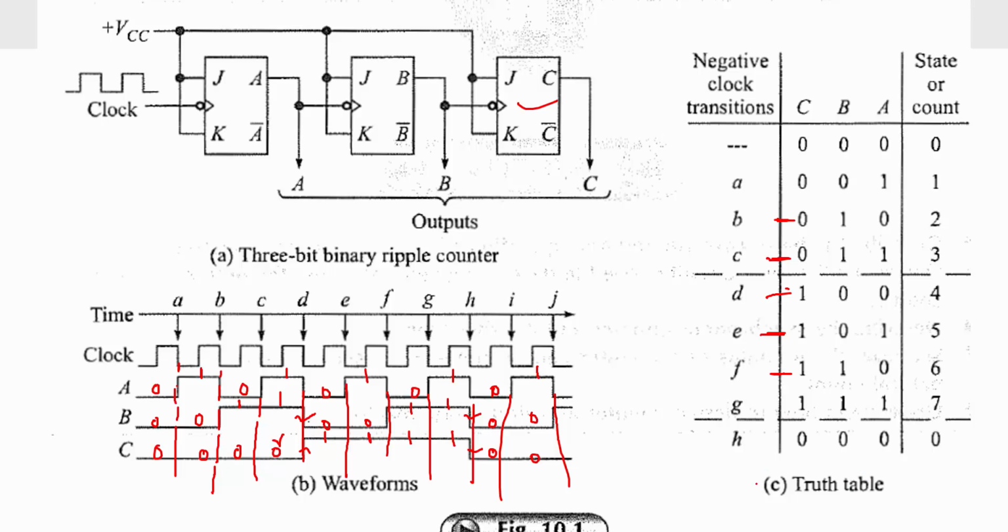So after the 7th state it will repeat the pattern. Okay, so this is again an up counter, a 3-bit up counter or mode 8 up counter in asynchronous fashion or ripple fashion.